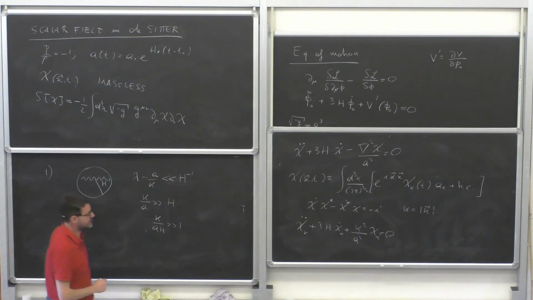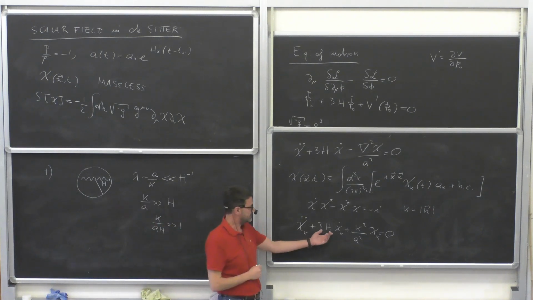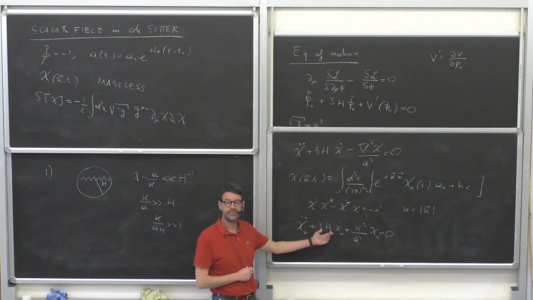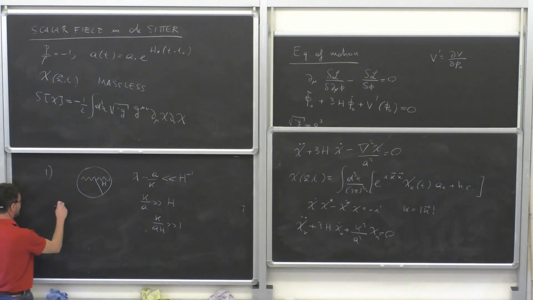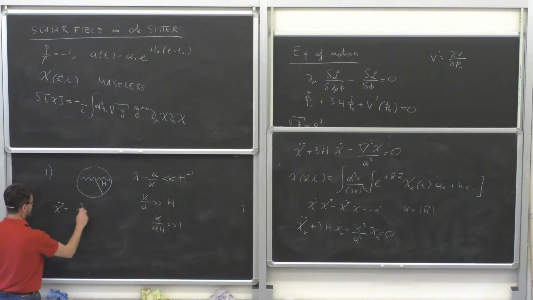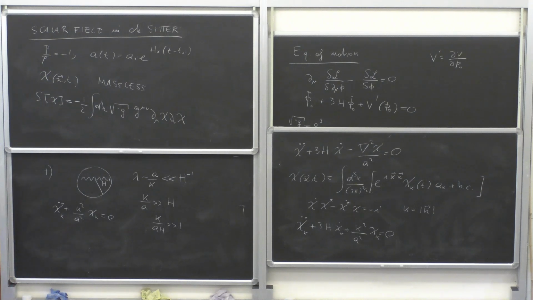I can neglect in this equation this term here. Okay, so the equation of motion will become something like chi double dot plus k squared over a squared chi equal to 0. Of course, this is not an equation of motion of an oscillator, but it looks like one, right?